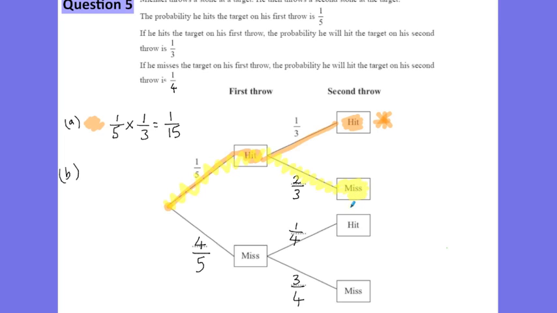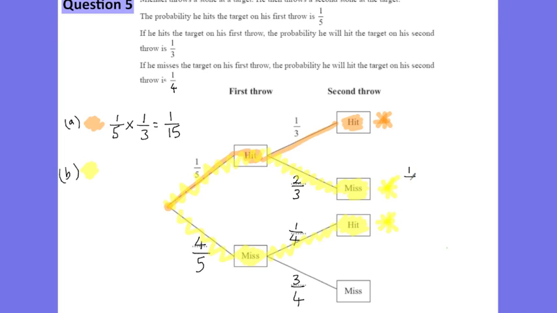However, this can happen another way. He could miss his first throw, but then hit his second. So in this case, we have 2 ways that he can hit the target only once. We must calculate the probability of each of these 2 outcomes and then add them together.